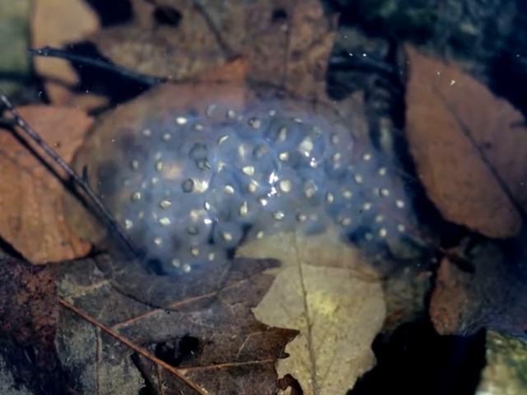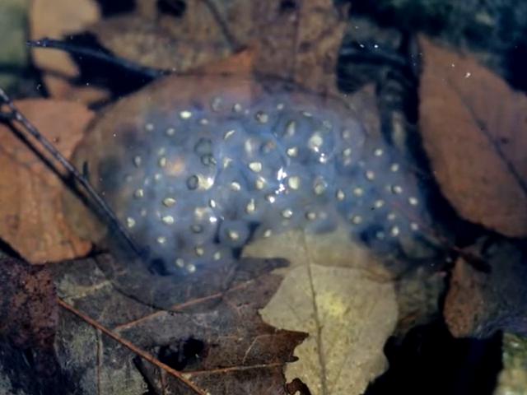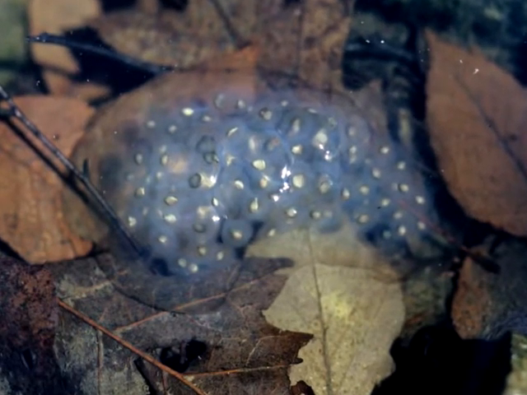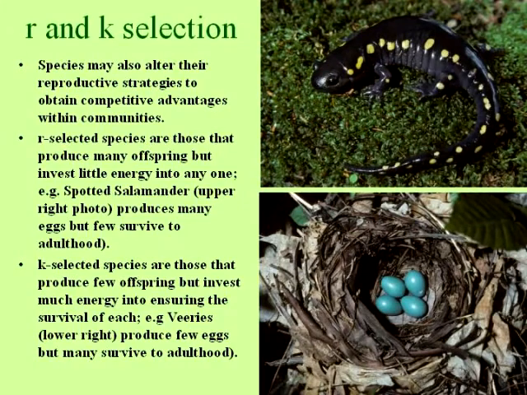So as we go from very tiny numbers of eggs to larger numbers of eggs, what is the point that I'm trying to make? My point is this. In some instances, species have evolved to produce relatively few young, but to invest a lot of energy into each one so that its probability of survival is rather high.